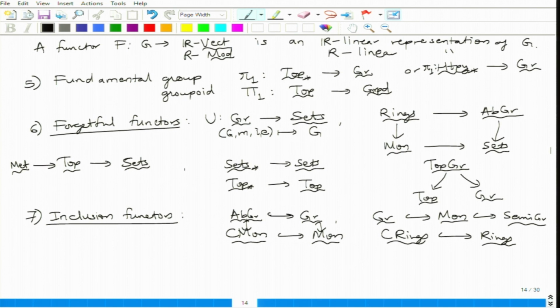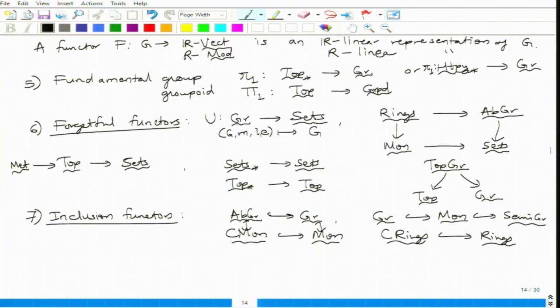Okay. That depends on how we are looking at things, isn't it? If every single map that we consider has to be continuous, if that's our understanding, then perhaps it will just be a forgetful or inclusion functor. Otherwise, if you also allow other functions, then it will be different. If we say this is a property, then this property comes from some structure in that space, but continuity also comes from some structure.